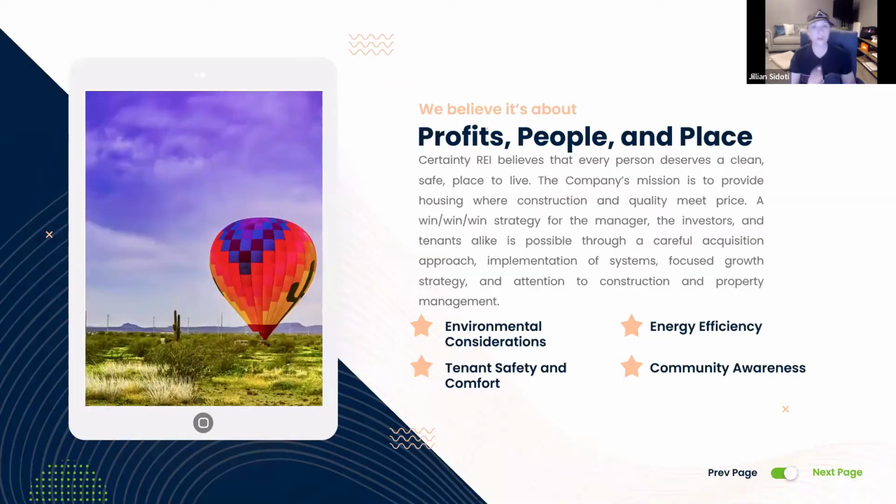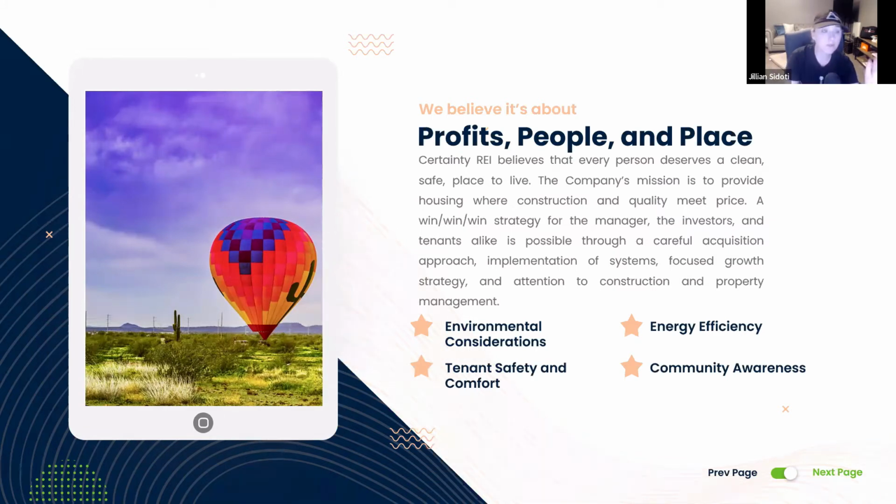But I also want to talk now about this particular group, Certainty. They are really concerned about some other things. They want to make sure that their tenants have a safe, beautiful place to live that's environmentally conscious, that takes tenant safety and comfort into consideration, and is energy efficient, especially in hot Arizona.